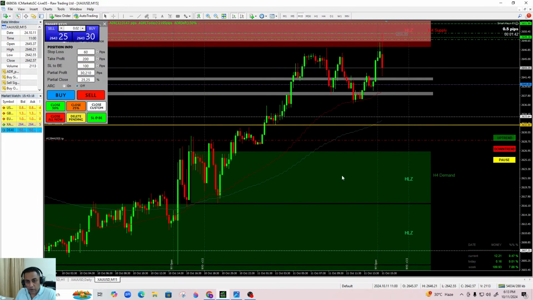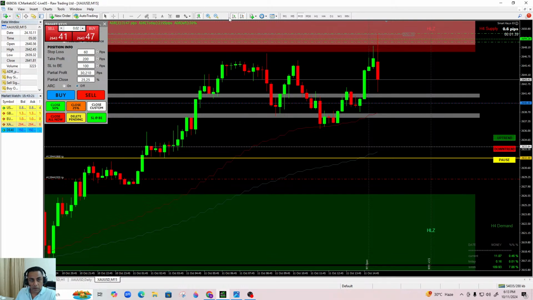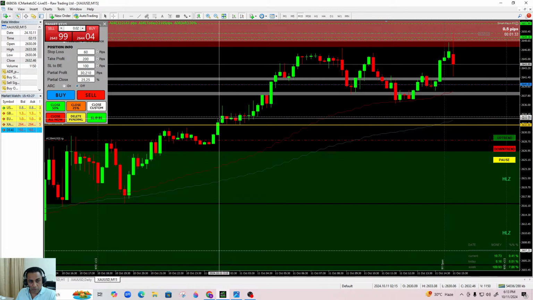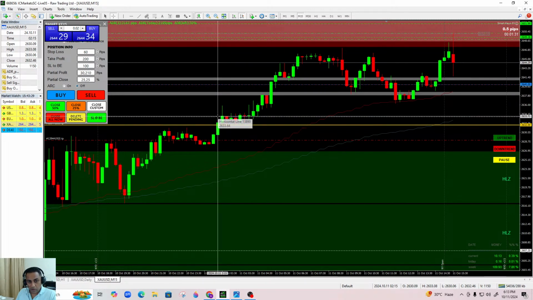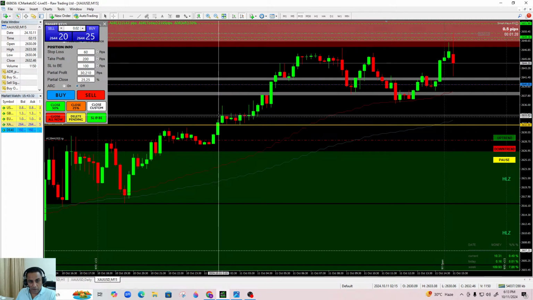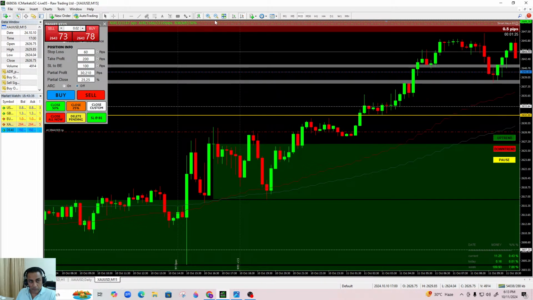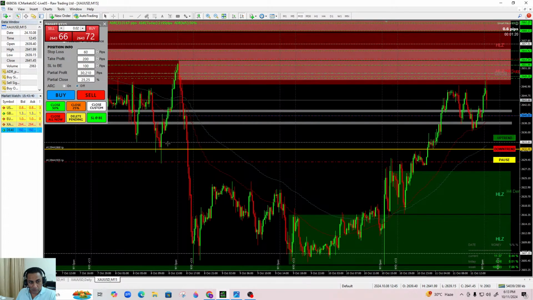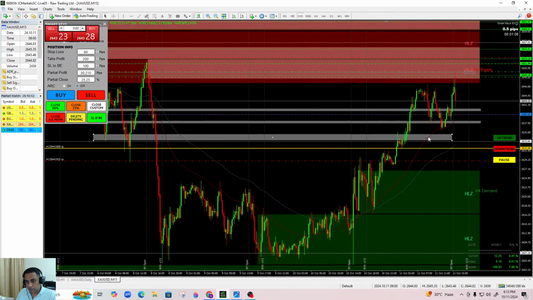Let's look for more support levels. So there is support right here. It's not much information there to draw support. Yeah, there's a level right here. There's a level right there.